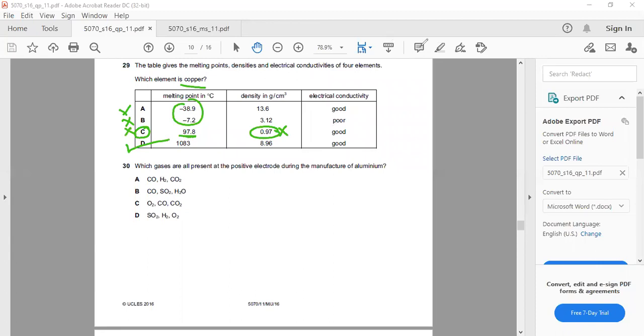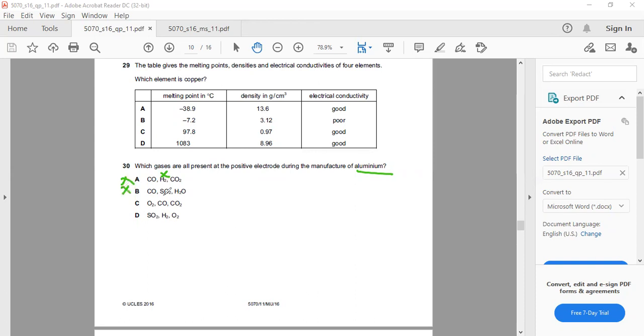Okay. Number 30, which gases are present at the positive electrode in the manufacture of aluminium? In the manufacture of aluminium, there are some byproducts also obtained. There is no hydrogen, so A is wrong.